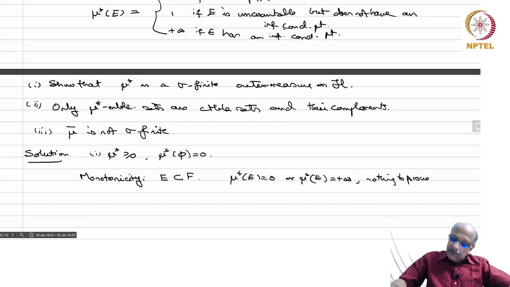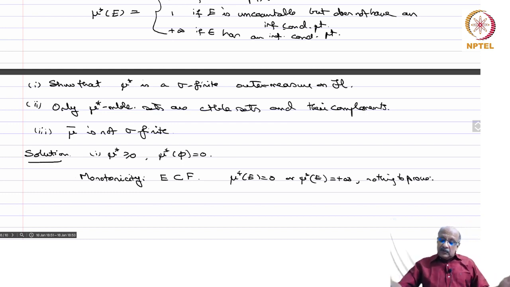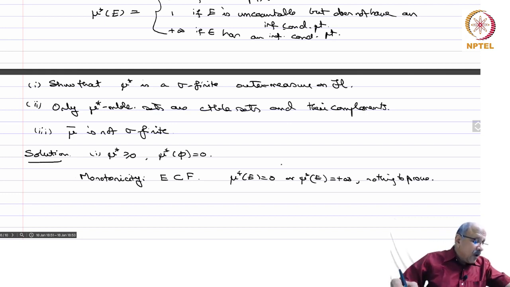Mu star of F will be greater than or equal to 0, and mu star of F will be plus infinity if mu star of E is plus infinity, because that means E has an infinite condensation point, and any bigger set will obviously have an infinite condensation point.